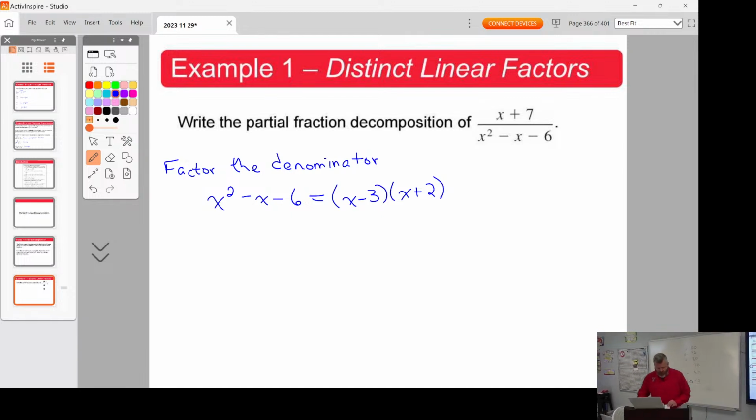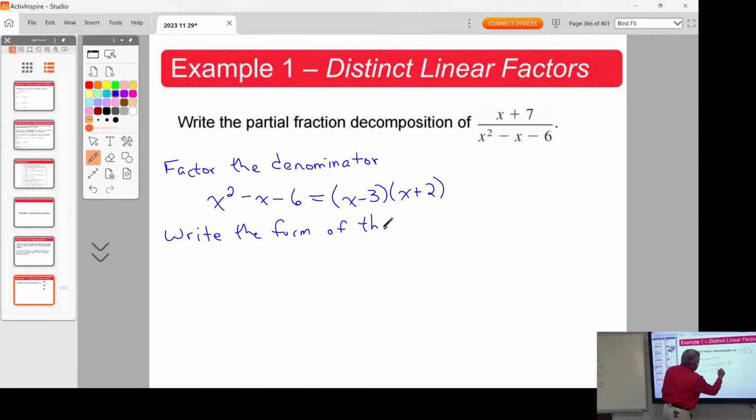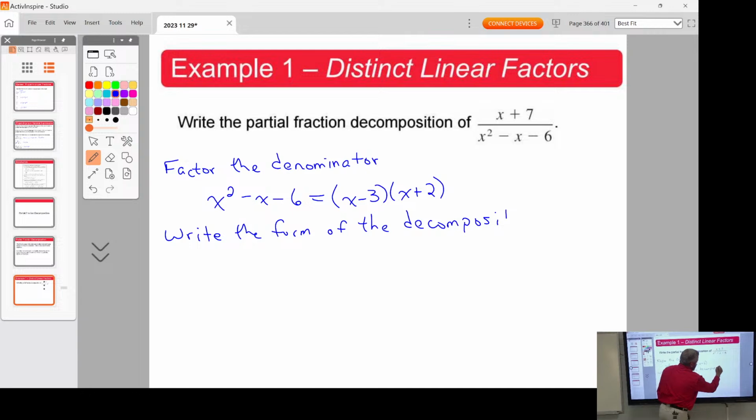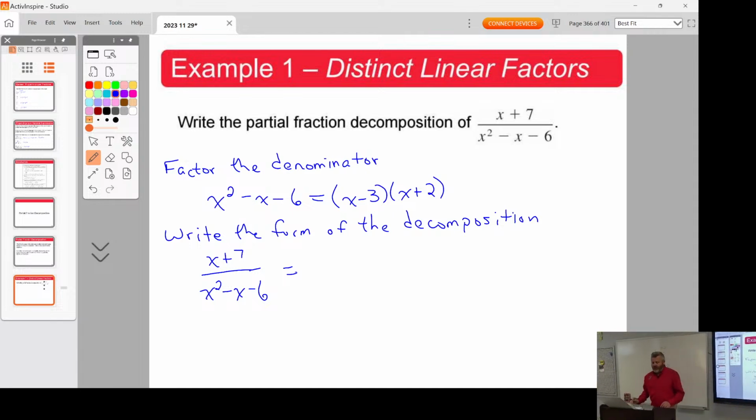Next, I'm going to write the form of a decomposition. I'll write that down. Write the form of the decomposition. I'm starting with my rational expression, x plus 7 divided by x squared minus x minus 6. I'm going to decompose that.